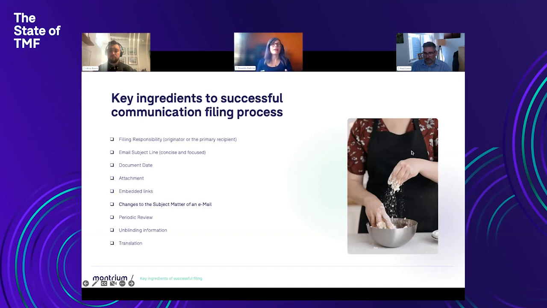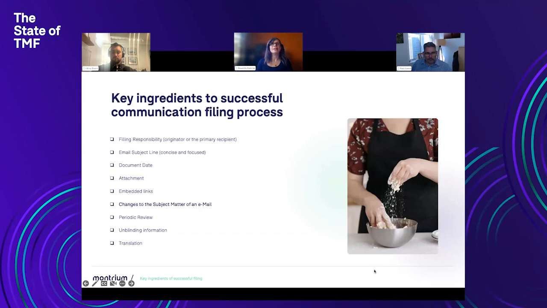Change the subject matter of an email. This will open really a big discussion, because this is again a sort of lack of education in people using email as a tool for working. You start maybe with a protocol deviation, and then you attach another communication from another topic, or maybe from another site.